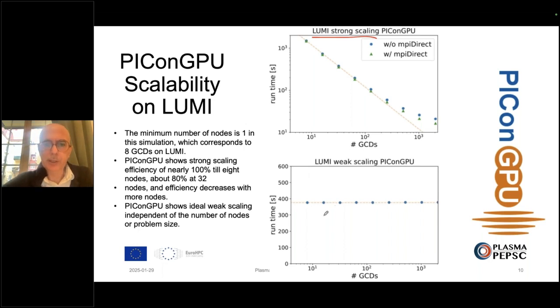And this is strong scaling, and you see that the scaling is basically perfect, right? So increasing the number of GPUs shows that this is the ideal code to scale up and to efficiently use very large scale GPU systems.